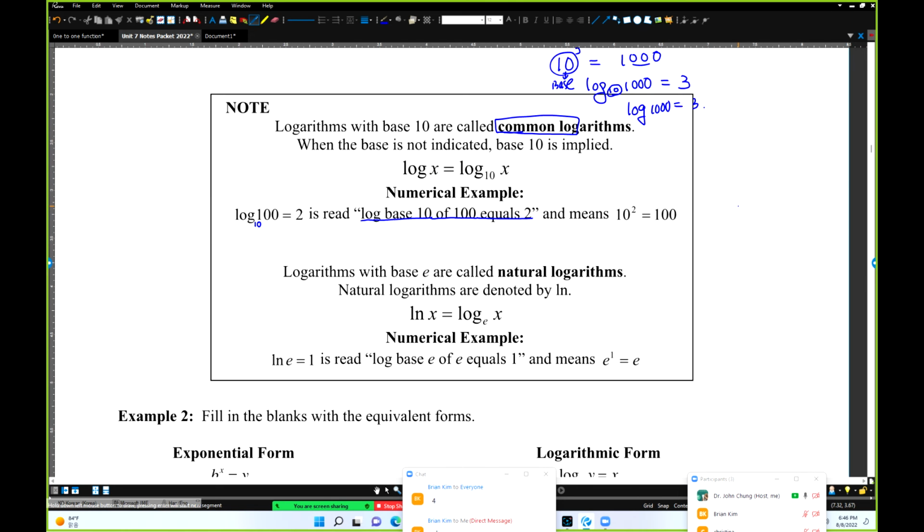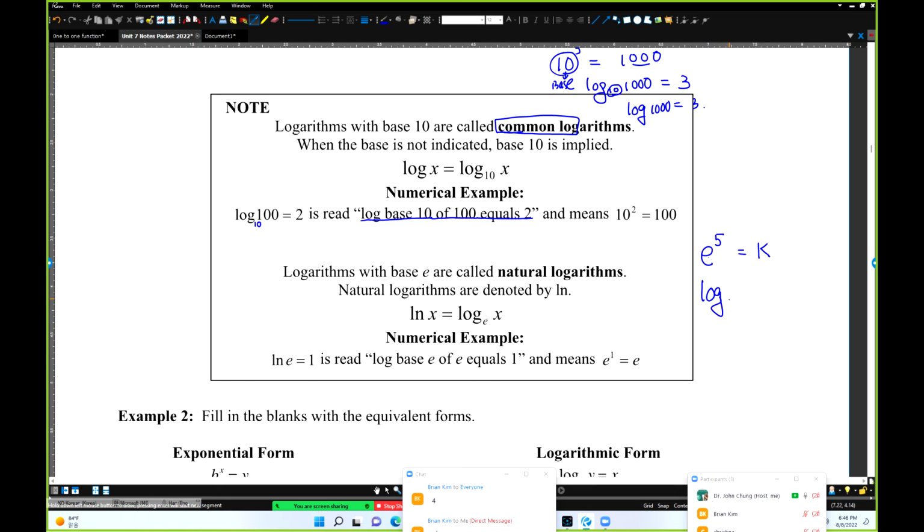Okay, another one over here. When you have a base number e, if we have this one, e to the 5 equals k. Because e is what? A natural number, which is 2.73, okay? That is an irrational number. It is not a rational number. So if the value is k, you can express this with log.